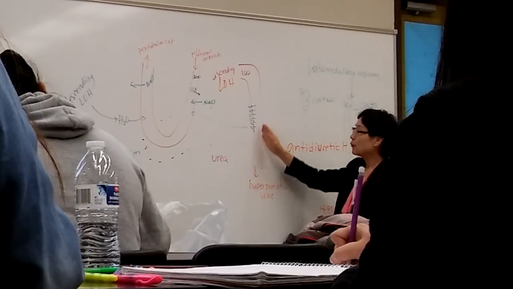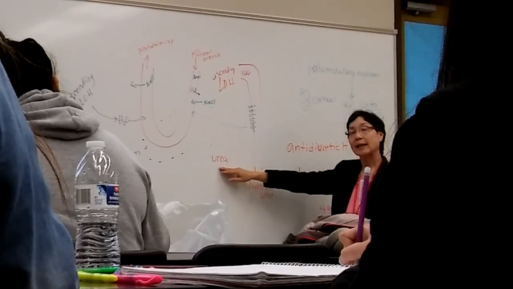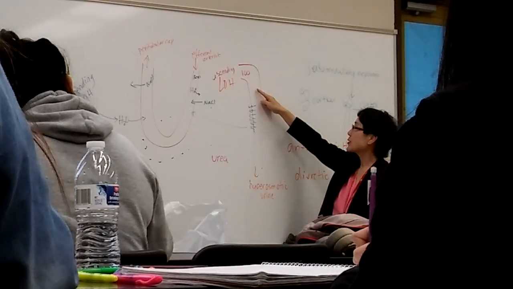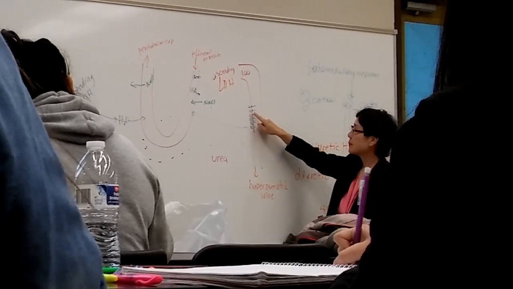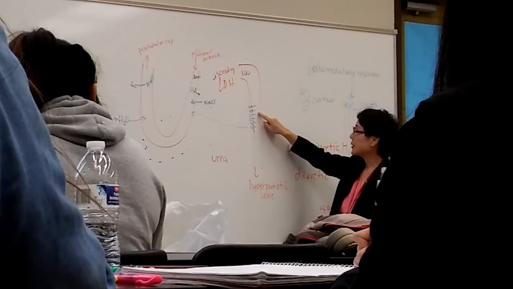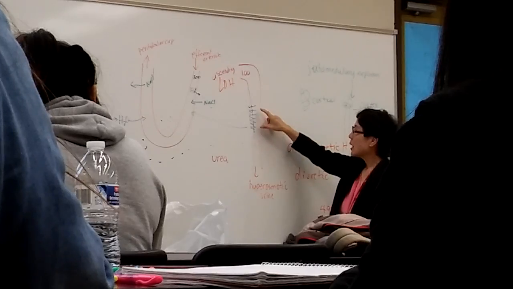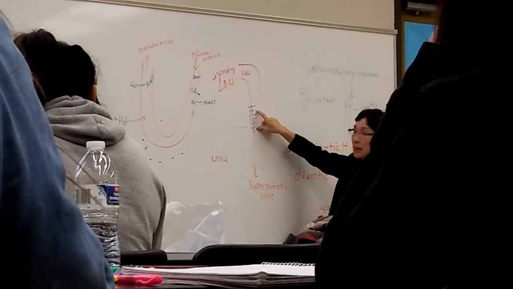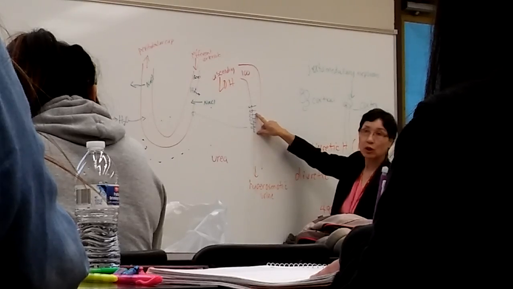But here, if we want to save water, we're going to take advantage of urea also to act like a salt. So as the filtrate is coming down here, and water is leaving this collecting duct, the salts cannot leave, and the urea can't leave as fast as it could.